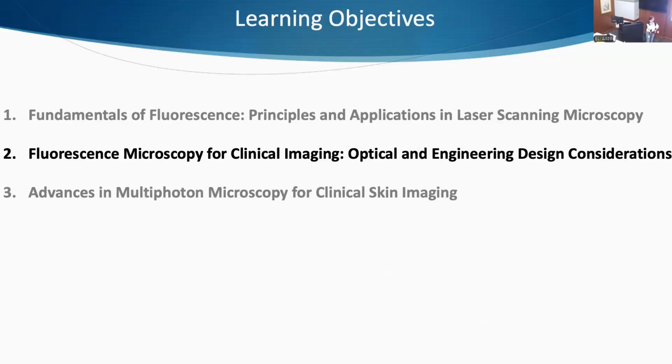Go ahead. This is a personal question, but with fluorescence, my understanding is there is usually some amount of photobleaching. So when you take images of the skin, how many images can you take subsequently before photobleaching starts becoming an issue? For example, for melanin? Yeah, we don't get into that. We need to be very careful when we image skin in vivo.